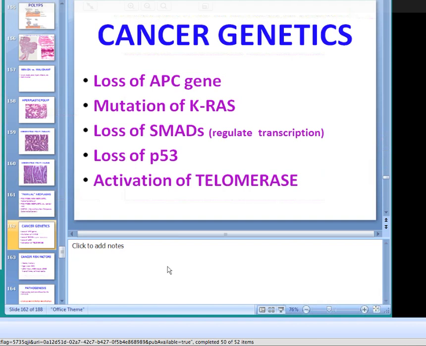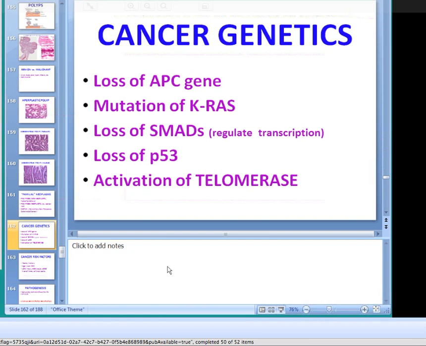Nevertheless, I want to at least mention briefly that there are several genes which are basically growth regulatory genes, like all cancers, that are involved with cancer genetics of the colon. If you have a loss of the APC gene, highly associated with colon cancer.